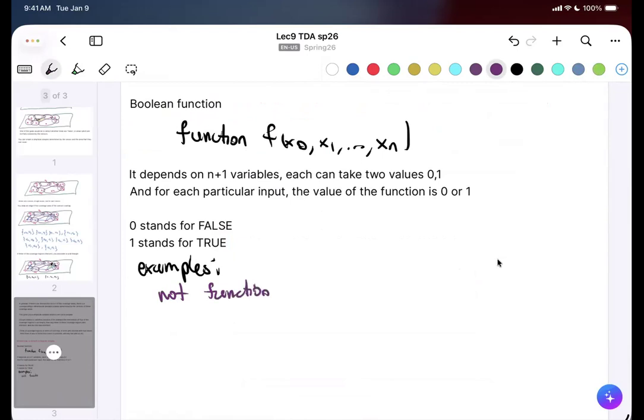So typically, the not logical connective is defined by a truth table, right?